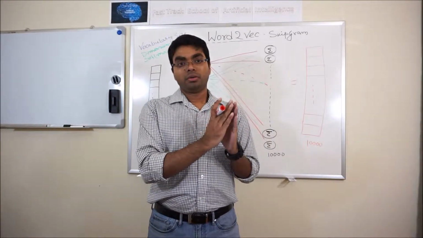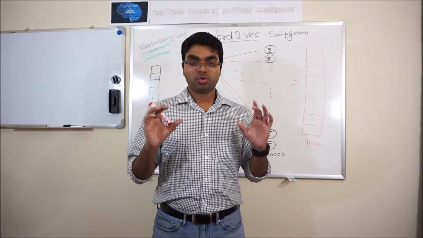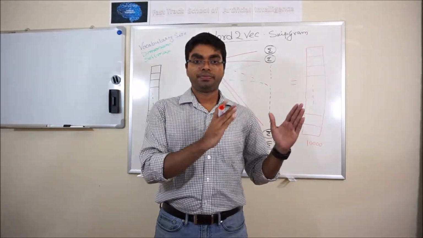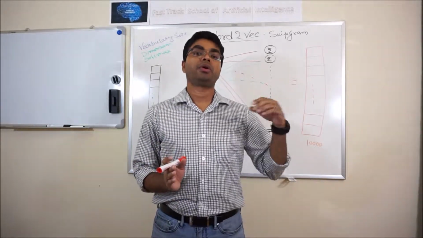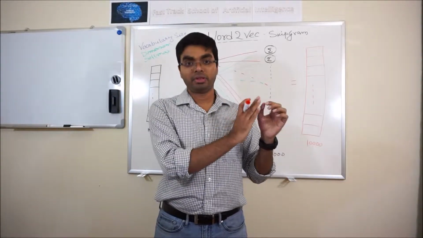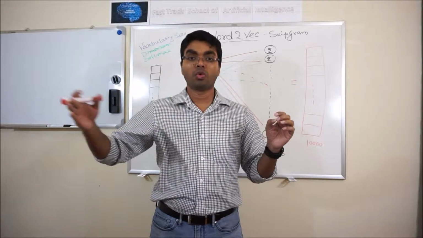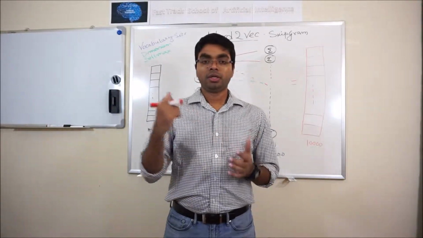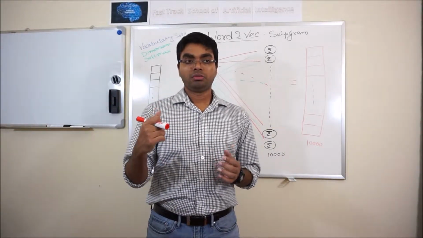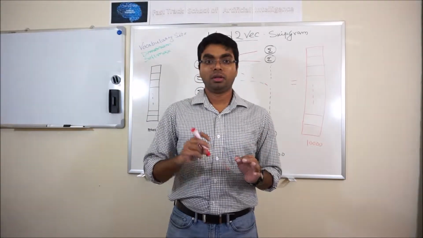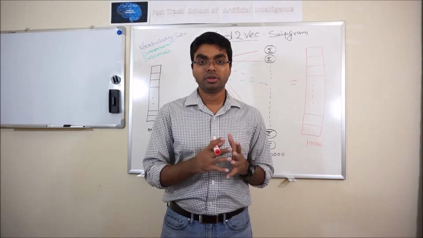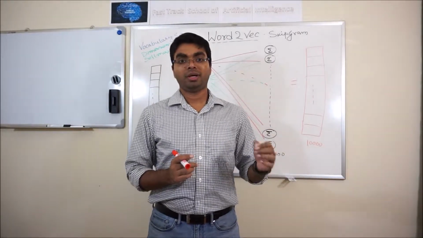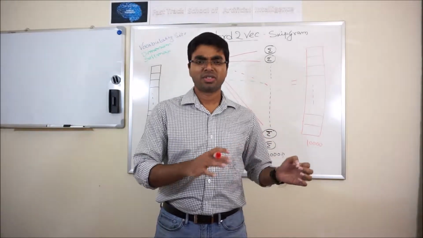Normally those vocabulary words are indexed in such a way that the most frequent word will come first, then the second most frequent word, and so on. We will have 2 or 3 additional positions where we are going to consider the unknown words and start of the sentence, similar sort of things.